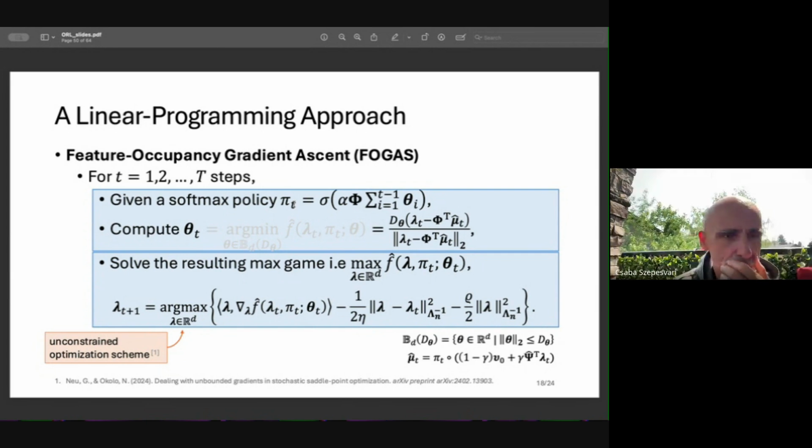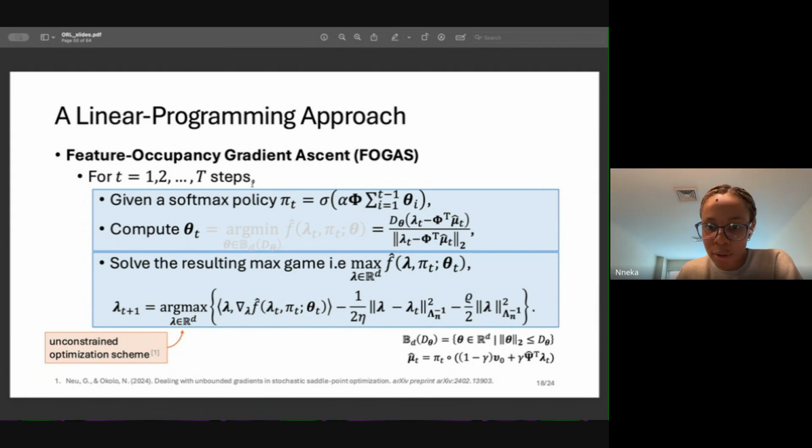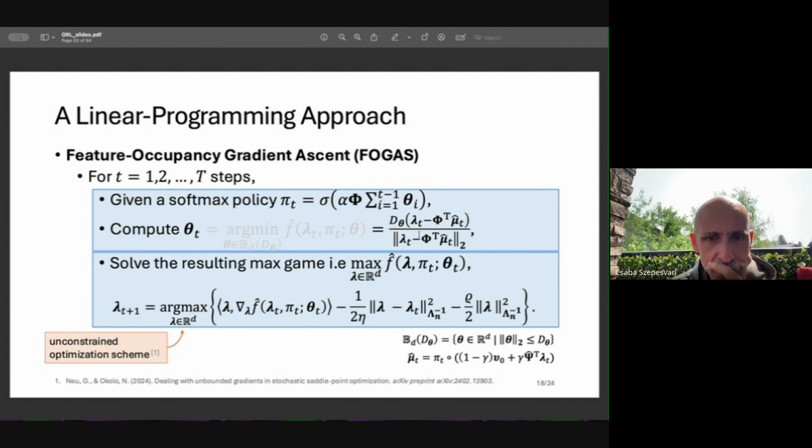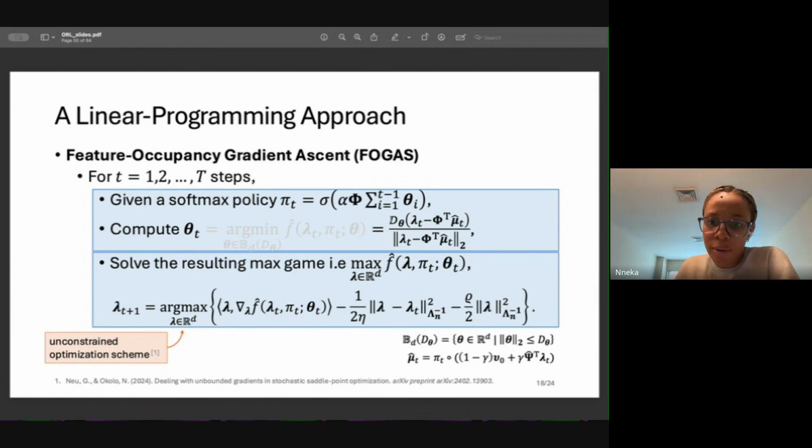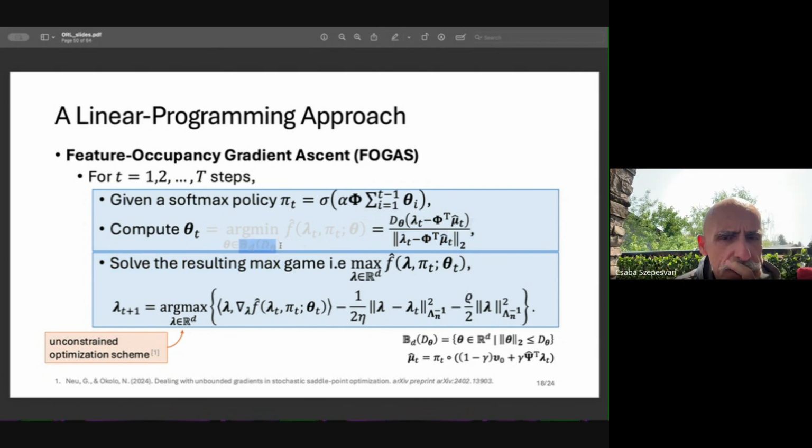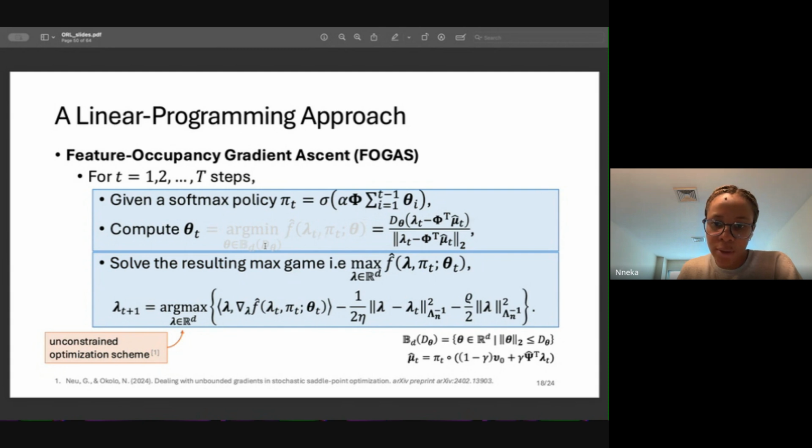I also had a question about the computation of theta t, whether it has some nice interpretation. Okay, so the computation of theta, like this expression. I don't even know what this d of theta is. Because we are doing best response, but within this convex set, B_D. That's just the radius.